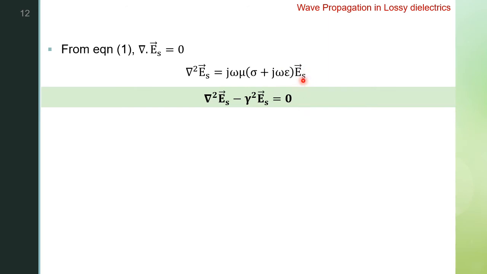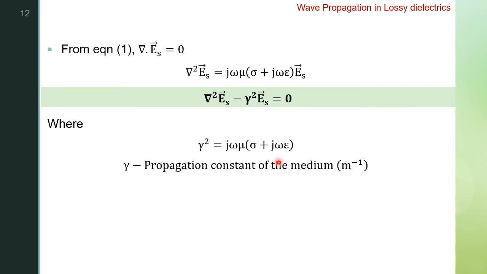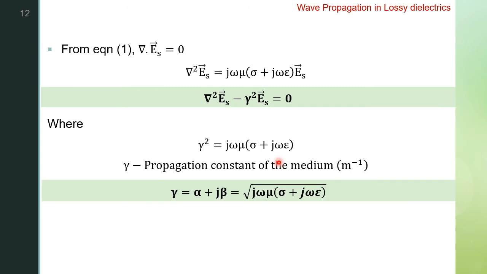When you compare these two expressions, we get gamma square equal to j omega mu into sigma plus j omega epsilon. From that, we get gamma as the square root of j omega mu into sigma plus j omega epsilon. And this gamma is called the propagation constant in the medium.